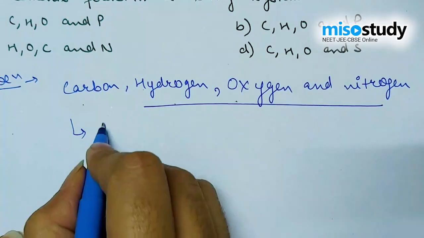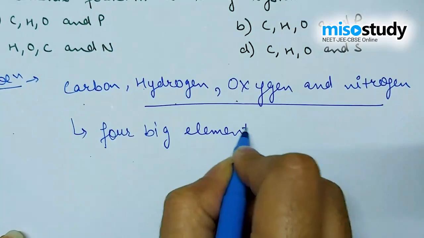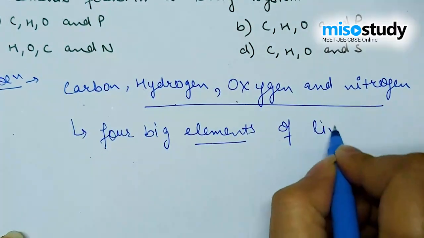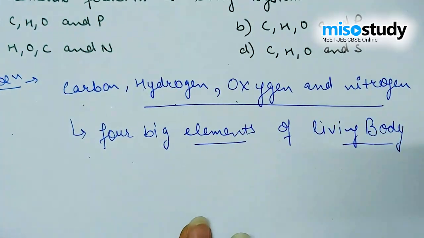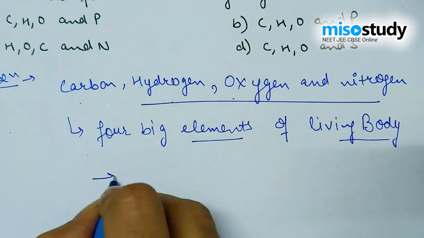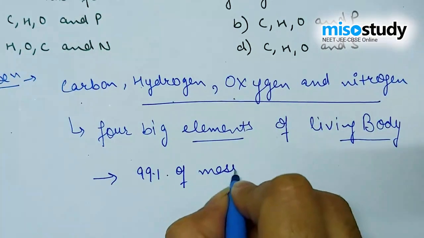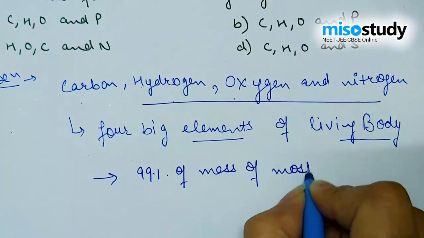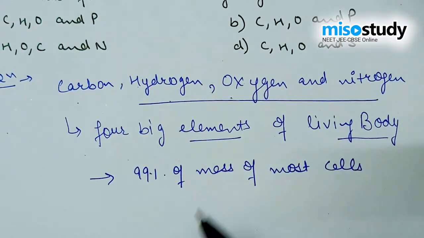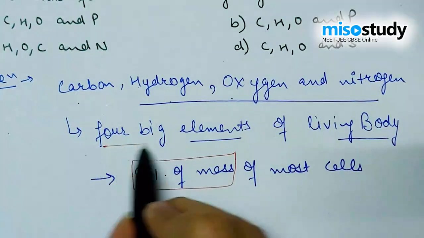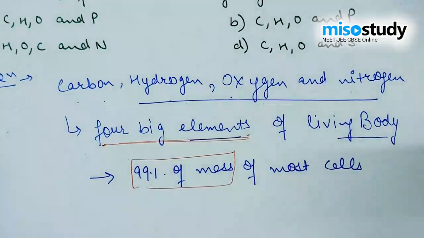They are also known as the four big elements of the living body, and they form 99% of the mass of most cells. These four basically form 99% of the mass of all or most cells, that is carbon, hydrogen, oxygen and nitrogen.